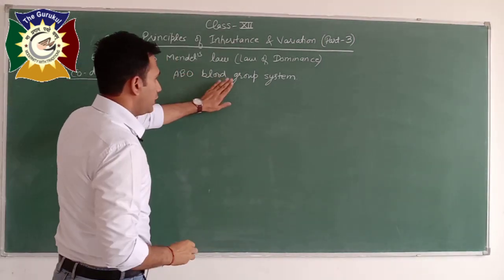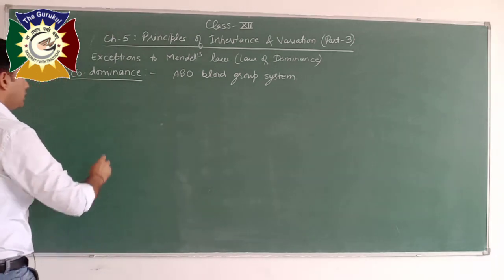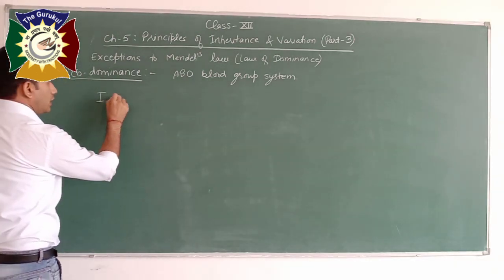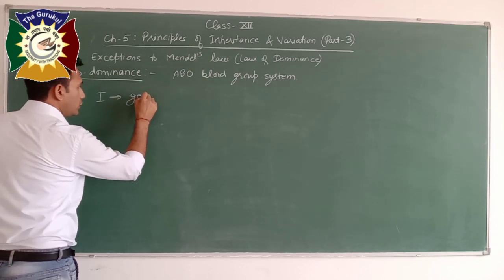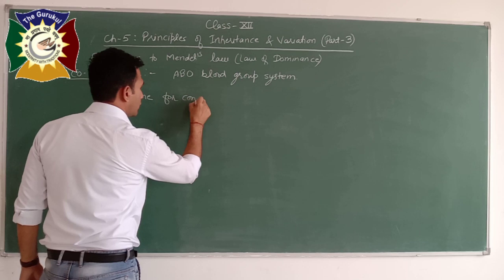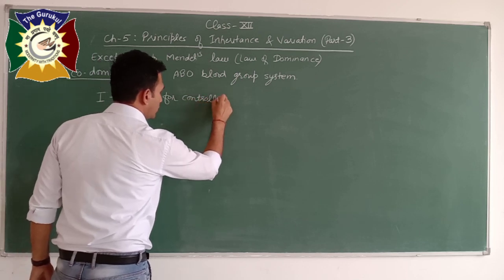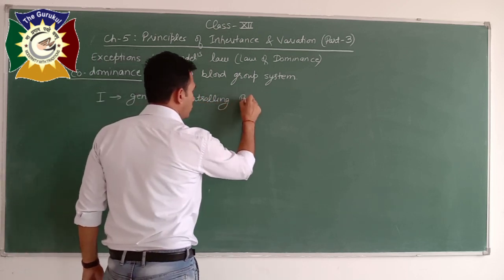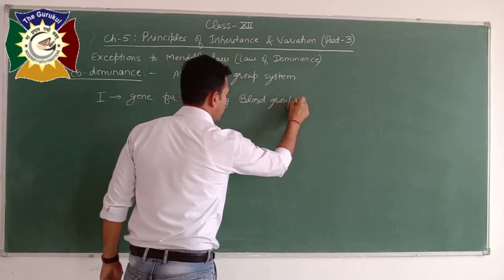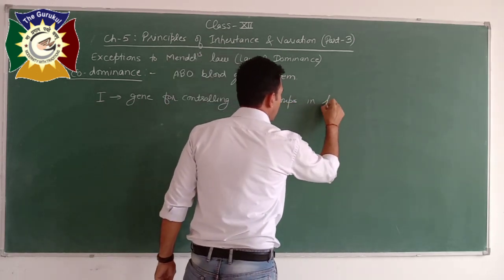So in the human ABO blood group system, there is a gene named I. So I is the gene for controlling blood groups in humans.